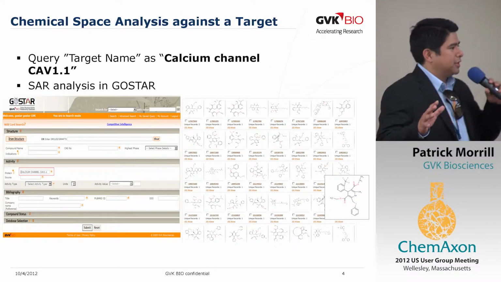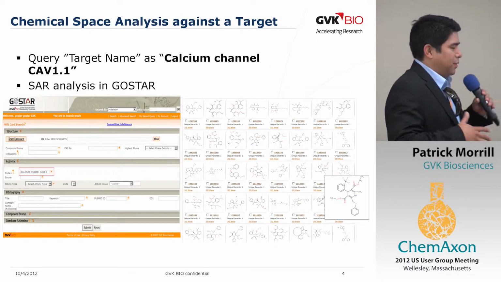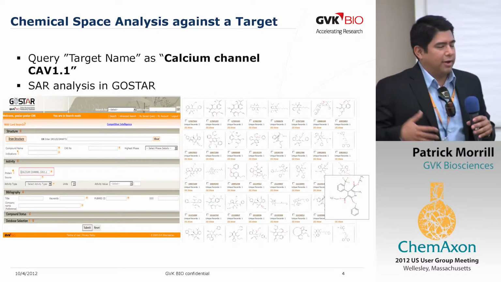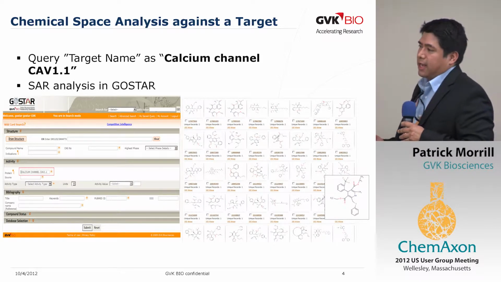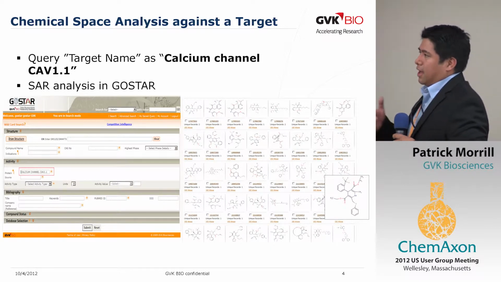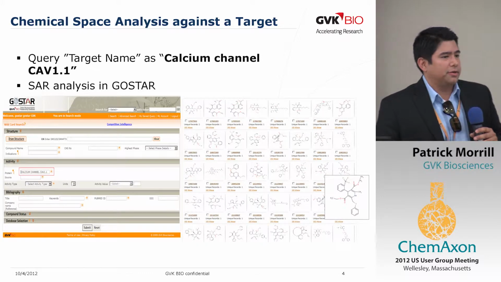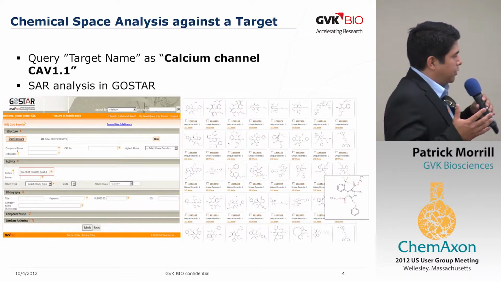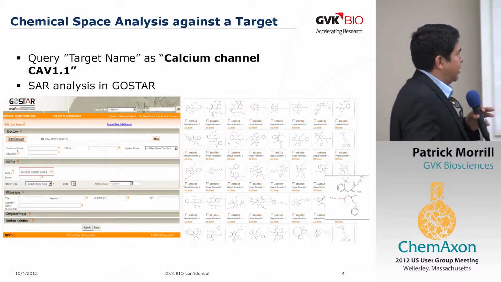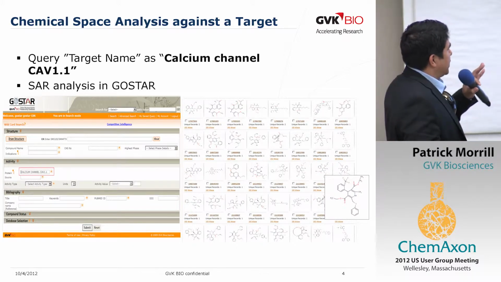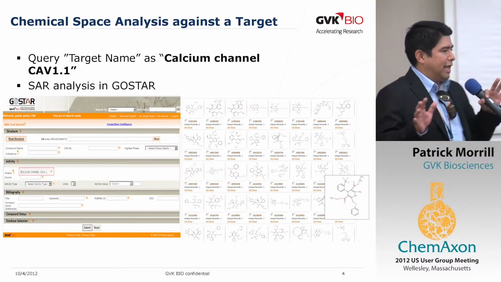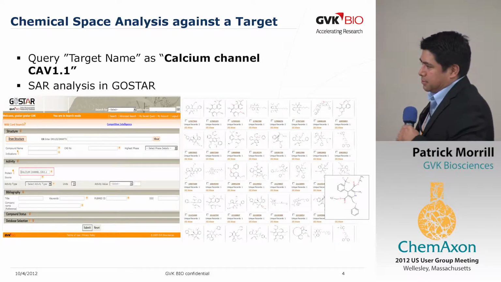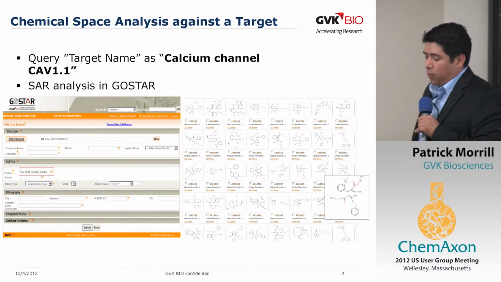What we want to do first is, within the database itself, we have the ability to go through a web user interface. We also have the ability to tap into the data as a data feed or a data dump for anyone wanting to bring this database in-house. In this use case scenario, we're doing a general target name landscape analysis, looking at the calcium channel target CAV 1.1.